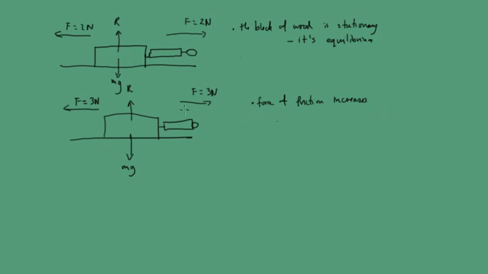Now imagine a situation when we're increasing the amount of force on our block of wood and we get to this point where it's just about to move. If we apply any more force, that block of wood will move. We say that we're now in limiting equilibrium.